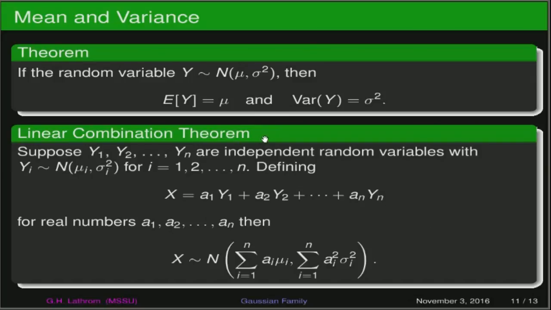So the first one is called the linear combination theorem. So what exactly is a linear combination? Well, you pick a bunch of real numbers, a sub 1, a sub 2, all the way up to a sub n. You've got a bunch of independent random variables, y sub 1, y sub 2, all the way up to y sub n.